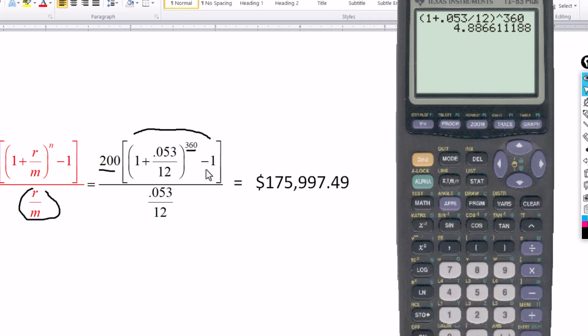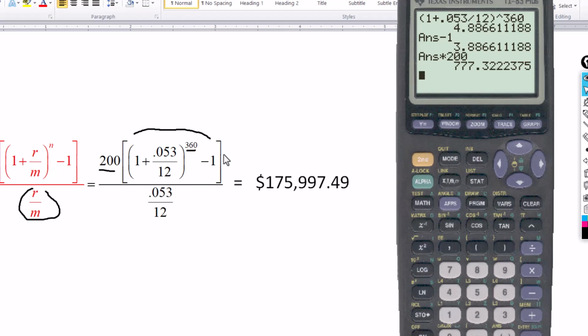And then I would subtract the 1. So I'm doing what I have in the brackets here. Subtract the 1 from that answer. I get that. And then I'm going to multiply by 200. So I'll put times 200. Get that. And then I'm supposed to divide by what I have in the denominator, 0.053 divided by 12.